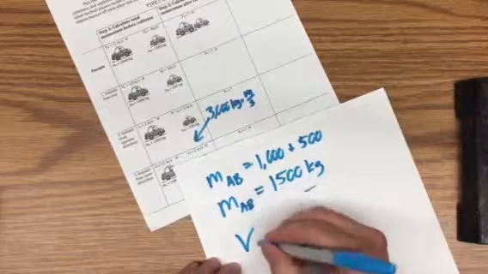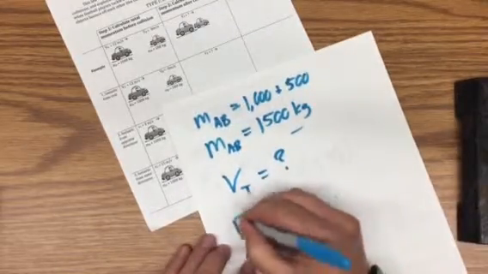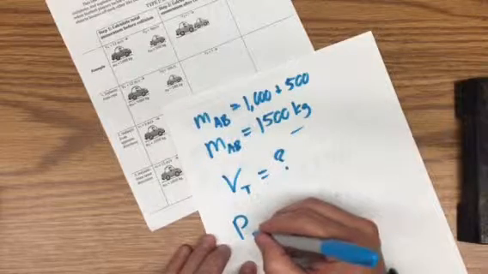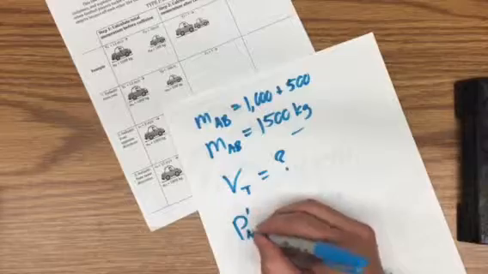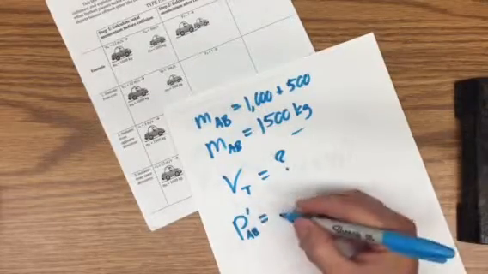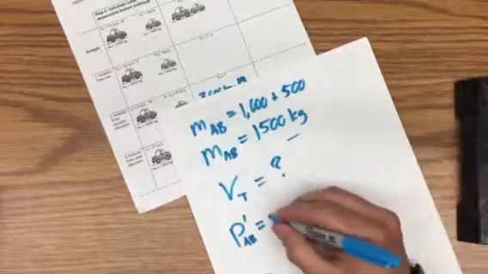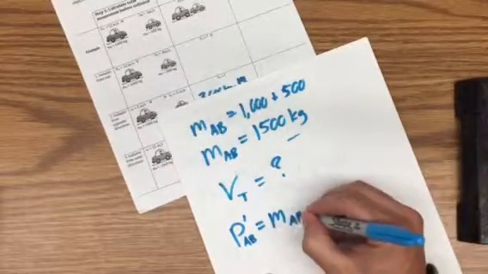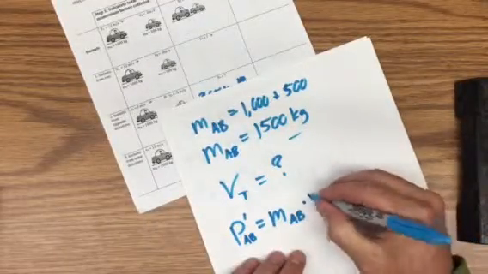The speed of the car, we'll call it V total, is unknown, but we can still set up an expression. We'll call it P AB prime. Prime, of course, means after. P AB prime is just the mass of the combined two-car mashup times its speed.